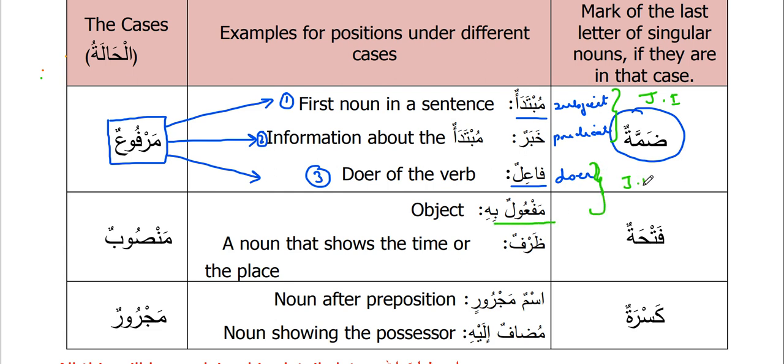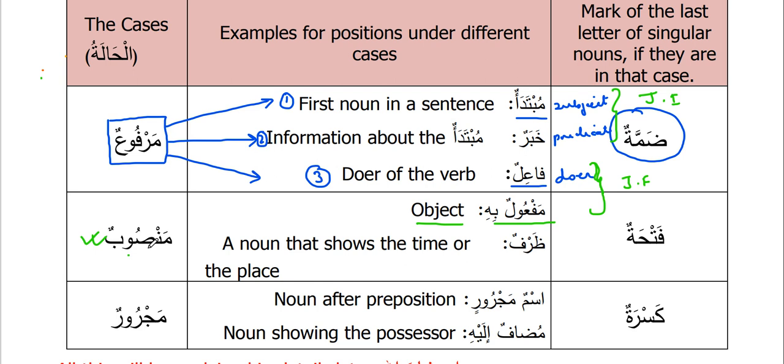So that's why I will do Jumla Ismiyah and Fi'liyah together in this lesson. In Jumla Fi'liyah, you will find the fa'il and the maf'ul bihi. Now you can see the maf'ul bihi, or the object, falls under which position? Mansoob position.